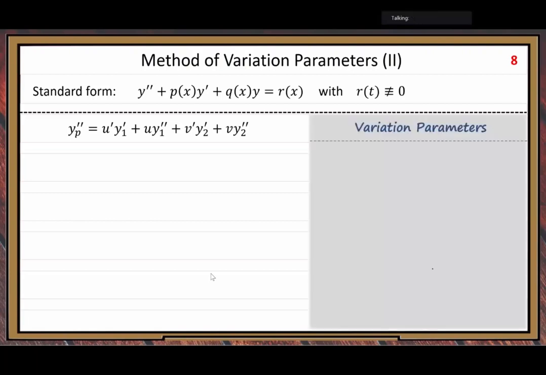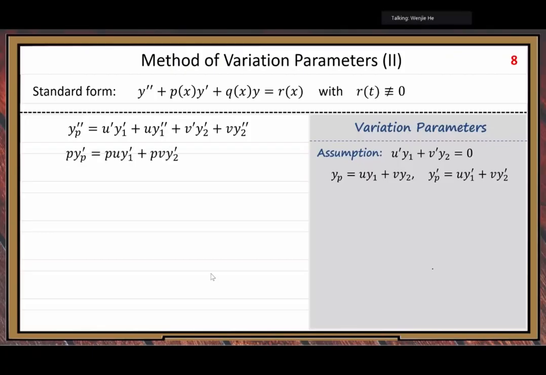Now our variation of parameters is our assumption, so we can use it. Hopefully, no contradiction in our calculation. So yp prime, and that.